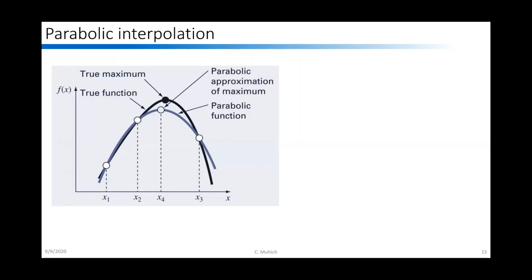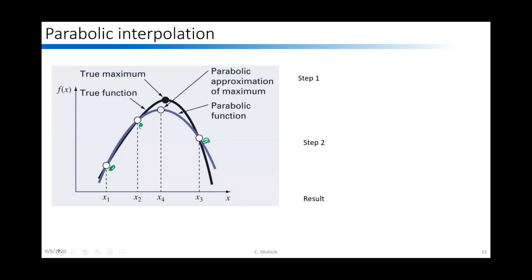Once we have these 3 points highlighted as these white dots, 1, 2, 3, we now have enough points to fit a parabola. And if we have any 3 points, we can fit a parabola. So then what we're going to do is fit that parabola, find the maximum of that parabola, and then use this as our next point.